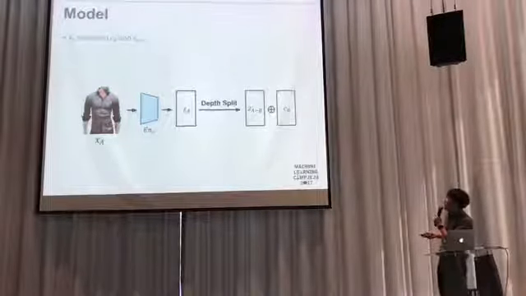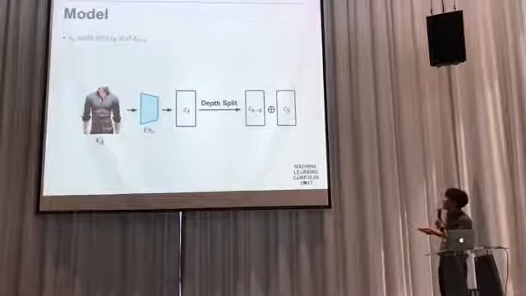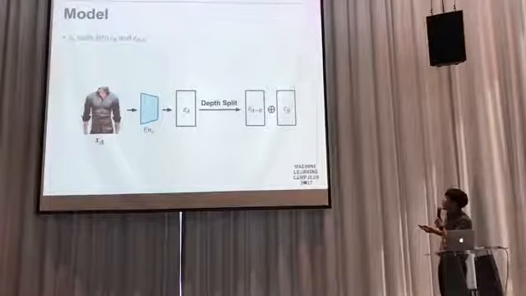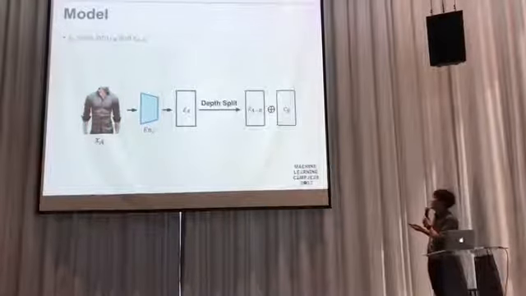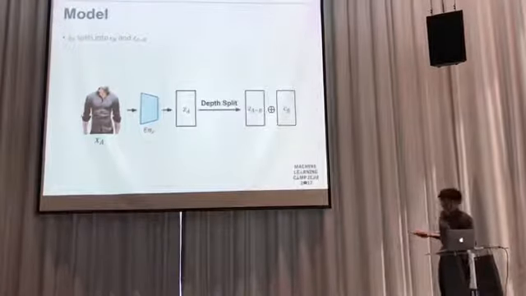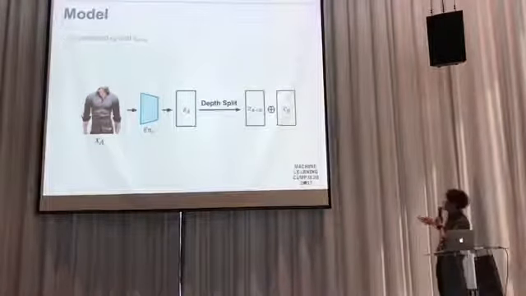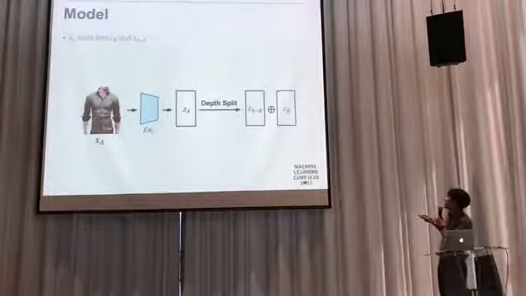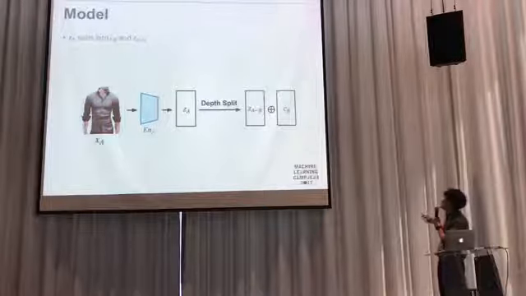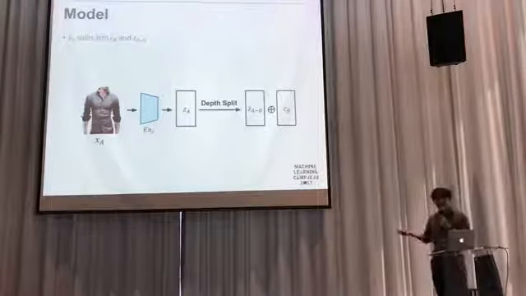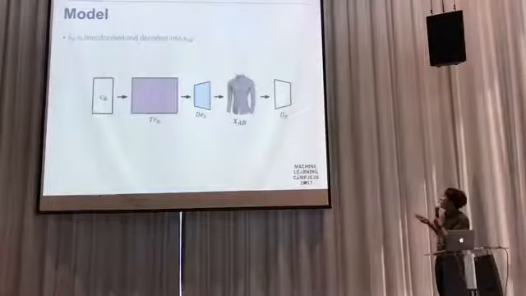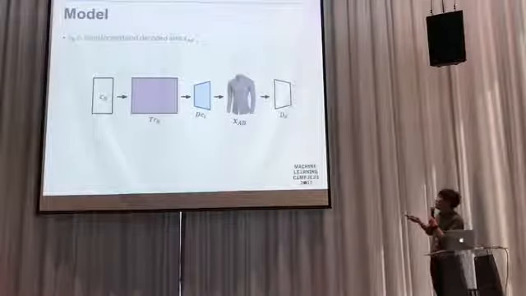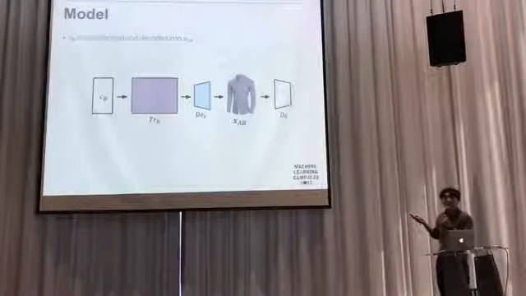As I said before, I want to encode XA into GA, the latent, and disentangle this representation into CB and GA minus B. CB represents the clothes part, so I want to decode CB into this image.